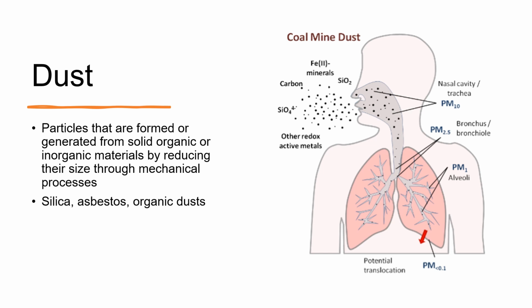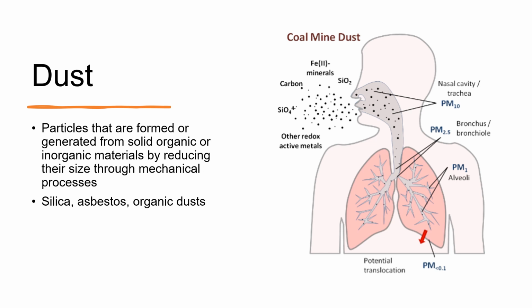Some examples of inorganic dusts would be silica, asbestos, and coal. Examples of organic dusts would be dusts that originate from plants or animals. It's important to note that a lot of organic dusts often contain several other hazardous substances along with the dust, such as fungi or microbes.